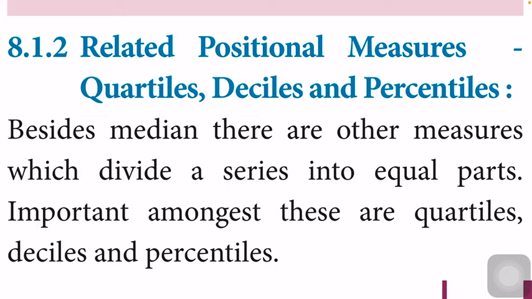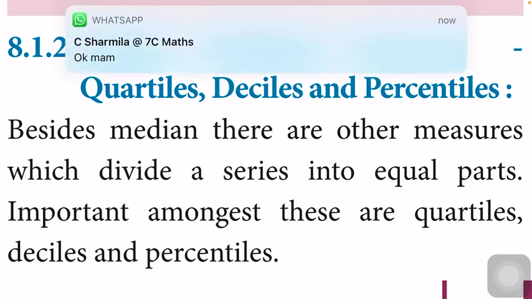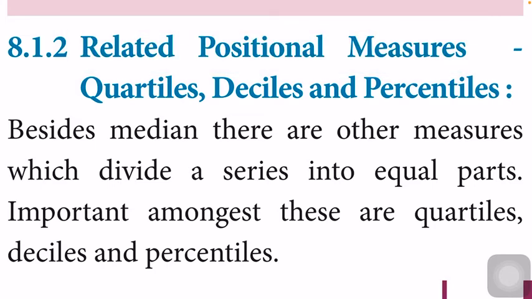Deciles: decile means 10 parts, so deciles divide the whole data into 10 equal parts. Similarly, percentiles. We know percent is 100, so percentiles divide the given series of data into 100 equal parts.